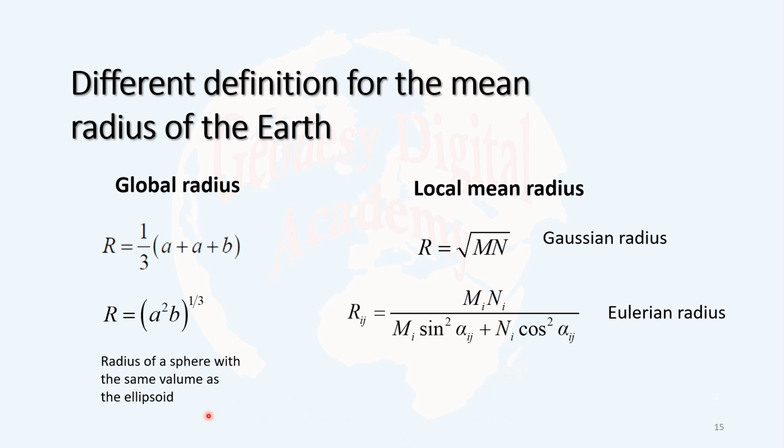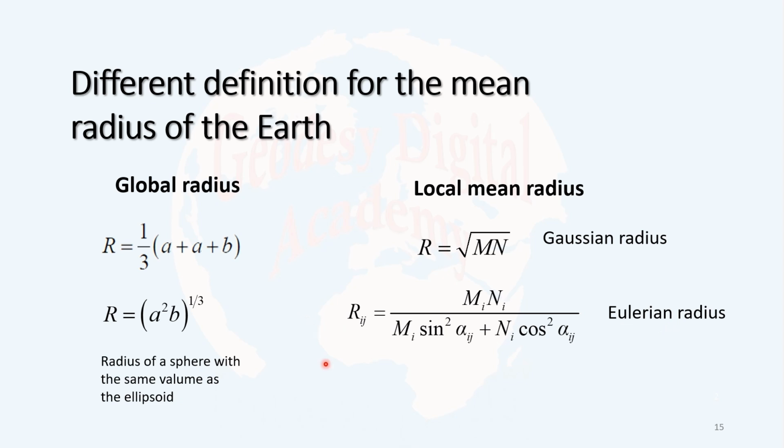Local, the first one, local mean radius. We have two of them. We can define a Gaussian radius for 1 point. M is the radius of curvature along the meridian at a point, and N is the radius of prime vertical. We multiply them and take the square root of them. This is called the Gaussian radius. And we can have the Eulerian radius based on this formula.